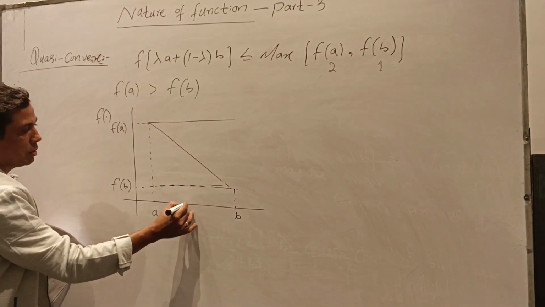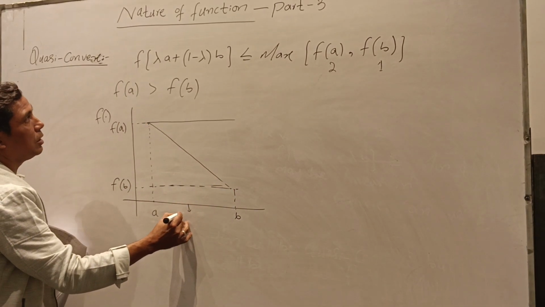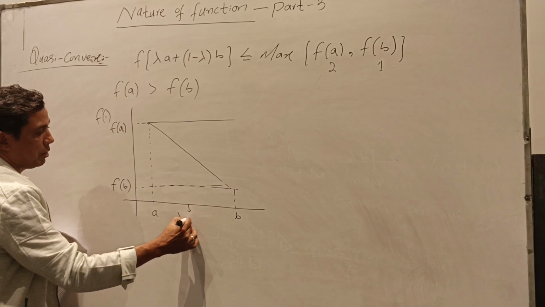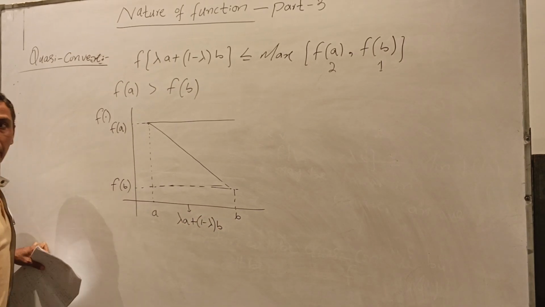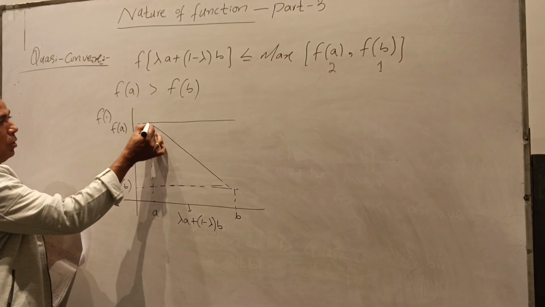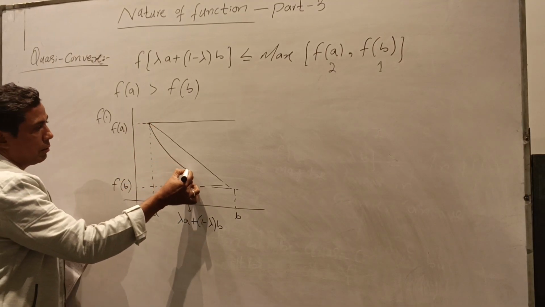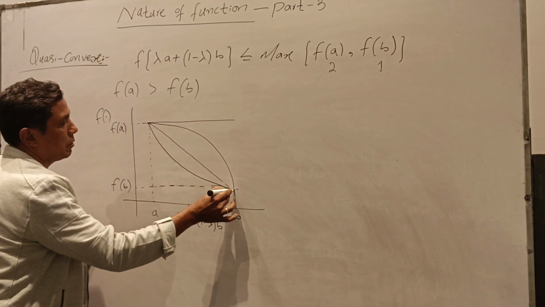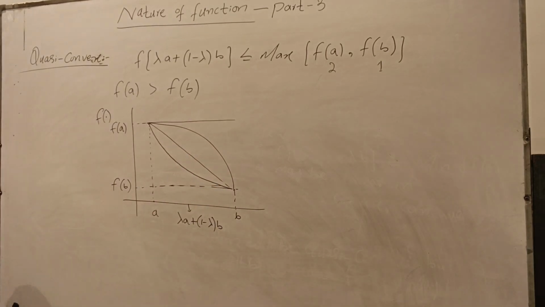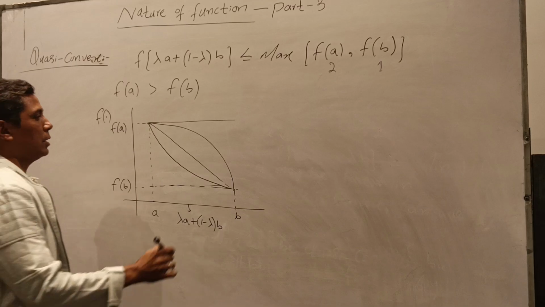All the values, if it is the linear combination lambda a plus 1 minus lambda b, all lie in this region. So linear, concave and convex.